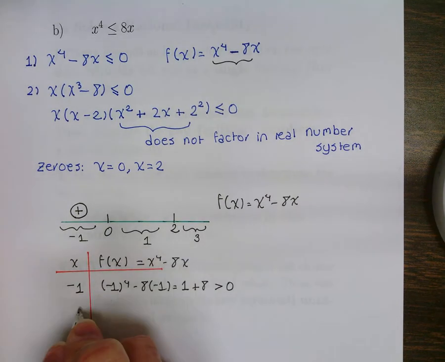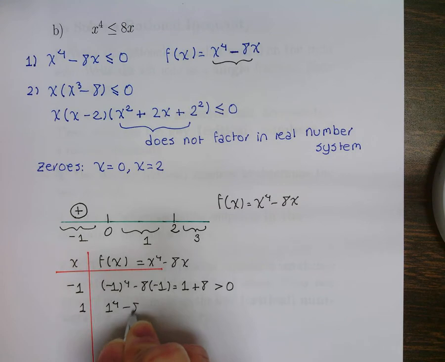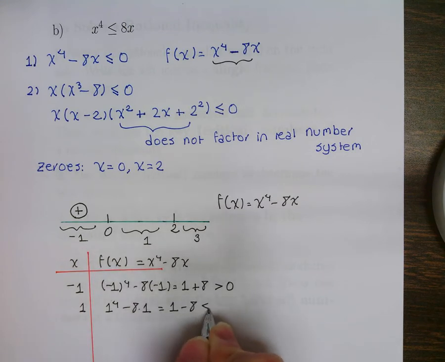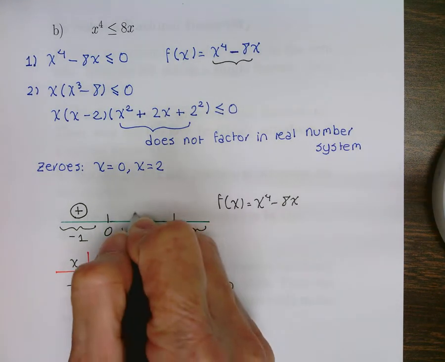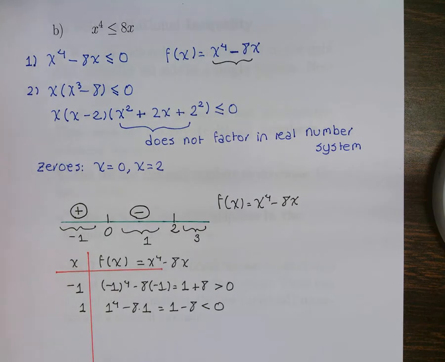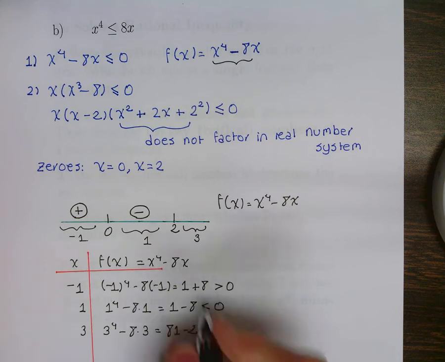Then I use my trial point of 1, and I get 1 to the 4th minus 8 times 1. That's less than 0. So on the interval from 0 to 2, our function is negative. And then finally 3, I get 3 to the 4th minus 8 times 3, and 3 to the 4th is what, 81, minus 24, which is clearly going to be positive.